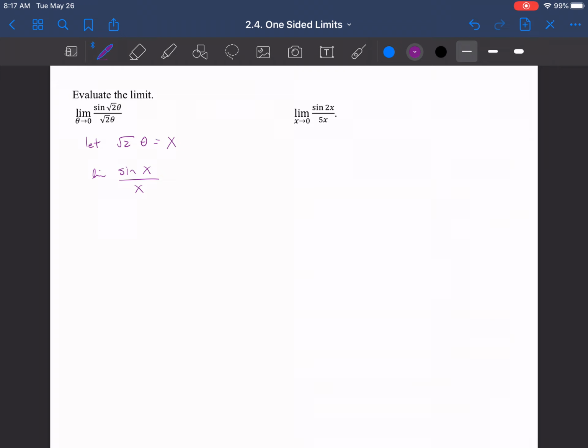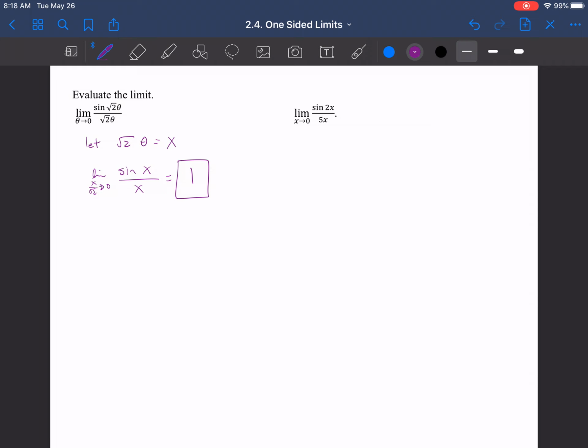And then what we want is x over square root of 2 goes to 0, because that's what theta would equal. And if we look at that, this is as x over square root of 2 goes to 0. That's just x goes to 0, right? And so what we end up with there is we're basically just saying this is just sine of theta over theta as theta goes to 0. This is sine of x over x as x goes to 0. This is 1, okay? So that's the answer for that one, if you want to think of it that way. That's basically all we are getting out of that one.